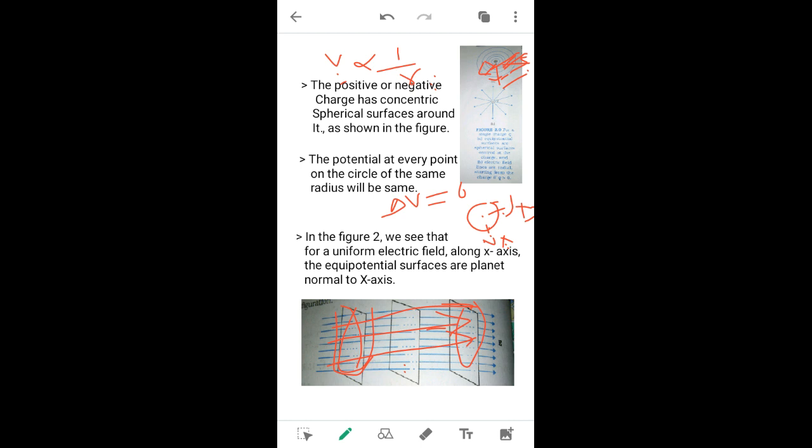At all the surfaces, if you take this surface, the potentials will be the same. Let us consider these as sheet A, sheet B and sheet C. Wherever you take a point on sheet A, the potential will be the same. So this is the equipotential surface.